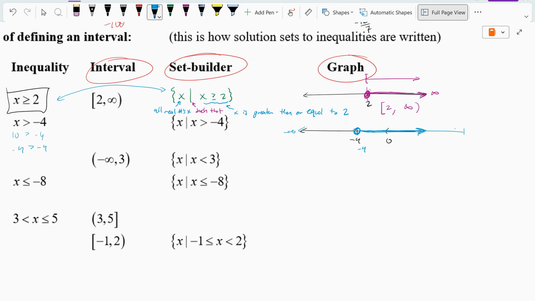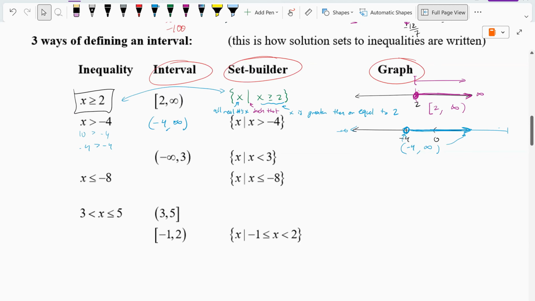But in terms of the shaded region, -4 is the smallest all the way up to what? Positive infinity. And okay, parentheses because -4 is not a solution, and infinity because infinity is not a number. -4 to infinity.